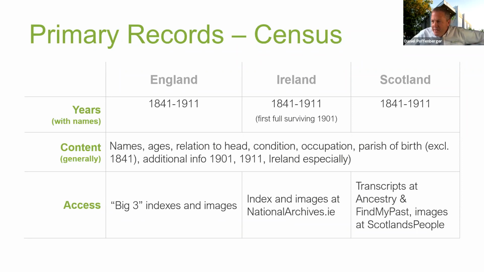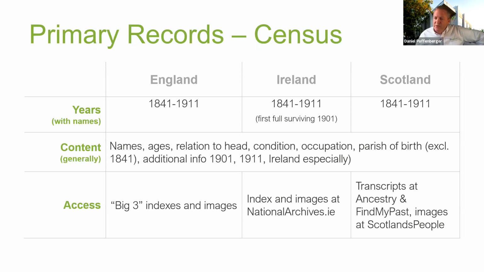And then for Scotland, Scotland's a little more restrictive because they have Scotland's People. The images are at Scotland's People, but you have decent indexes at Ancestry. I like the one at FindMyPast if you have access to it, because it will show you a transcript of an entire family in one go, whereas at Ancestry, you kind of have to click on each family member to get more details.